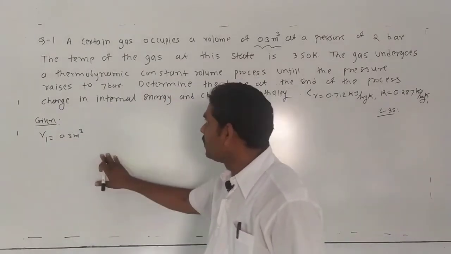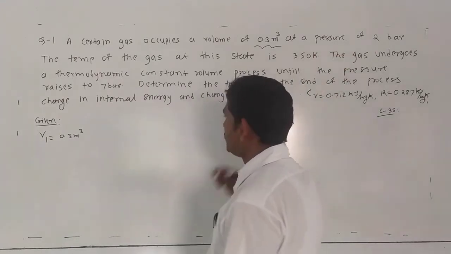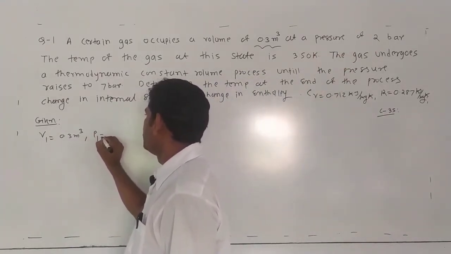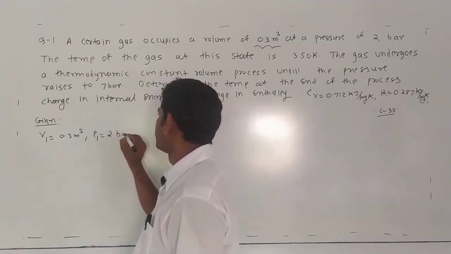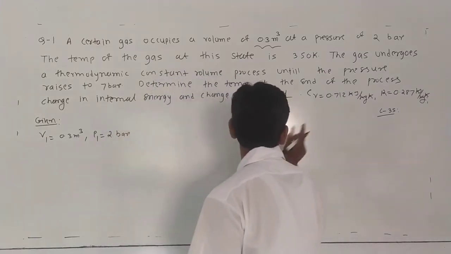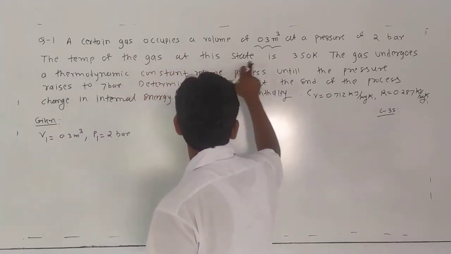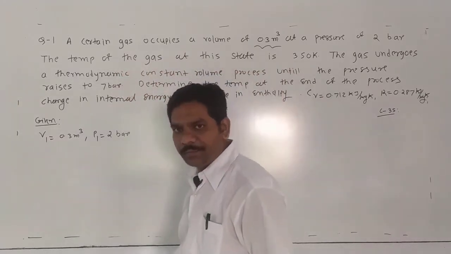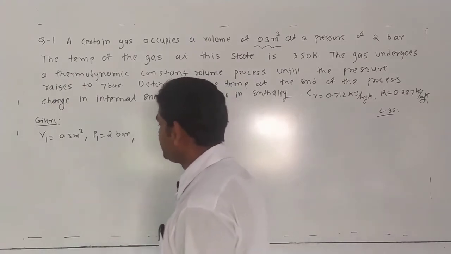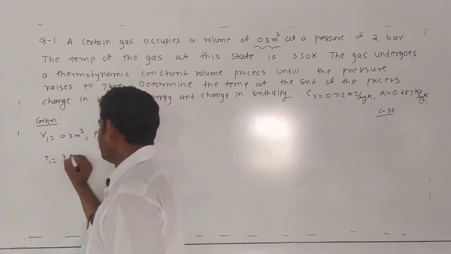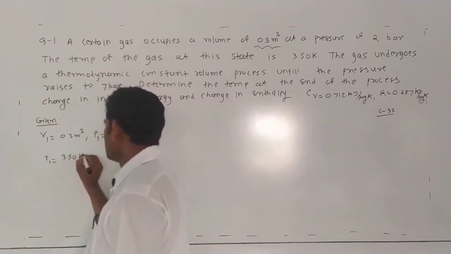At this particular volume, the pressure is given. Pressure P1 is 2 bar. Then the temperature of the gas at this state is 350 Kelvin, so the value of T1 is also given. The T1 is 350 Kelvin.